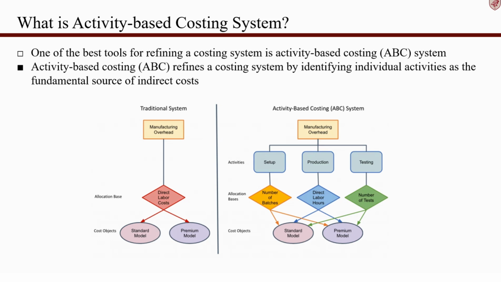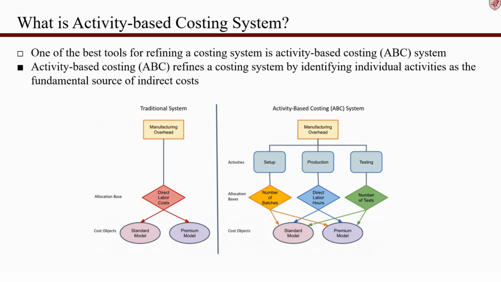For example, if we are in a car manufacturing company, you would need to do the testing on how well the car has been manufactured, right? There can be some defects, so you have to test whether the car is well manufactured. In that case, the testing would usually vary with the number of tests you initiate rather than how many units you produce, right? So that is going to be basically the allocation basis used.